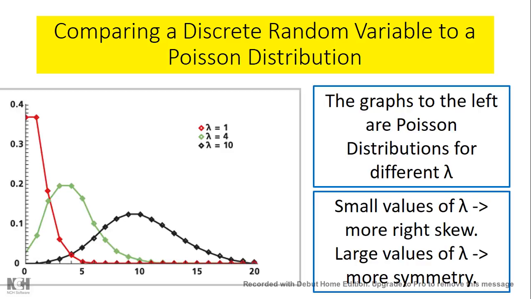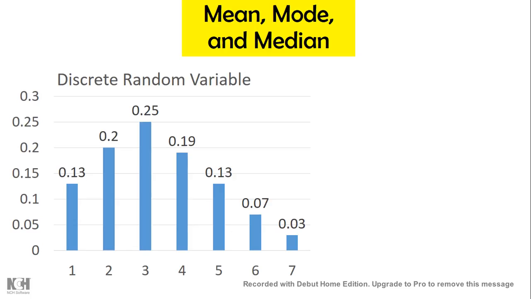Now a Poisson is never left skewed. Binomial can be if it has a large value for p, but basically a Poisson is either right skewed or fairly symmetrical. So small values of lambda will be quite right skewed, so that's something to look at.